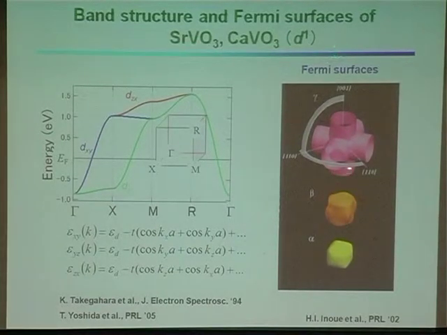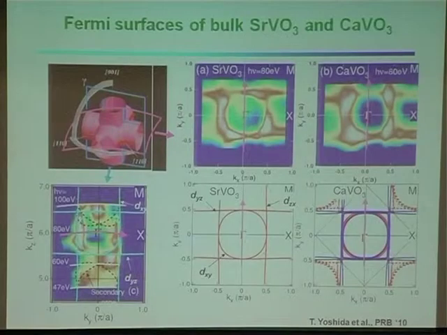For this d1 system, the Fermi surfaces consist of 3 penetrating cylinders, because the 3 t2g bands form nearly 2-dimensional band dispersion. So the 3 cylinders are orthogonal to each other, resulting in these 3 Fermi surfaces.